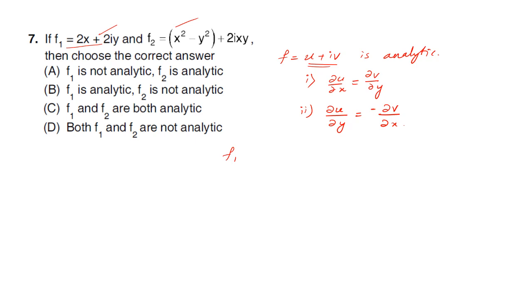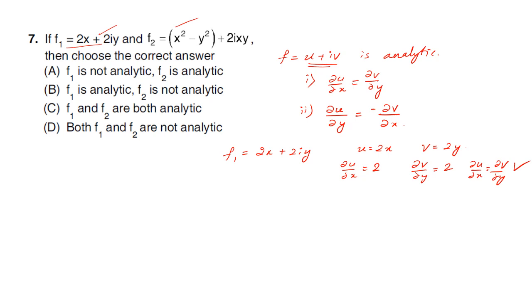So here in f1, u is 2x, v is 2y, then dou u by dou x is equal to 2, dou v by dou y is equal to 2. So dou u by dou x is equal to dou v by dou y. The first condition is satisfied here.